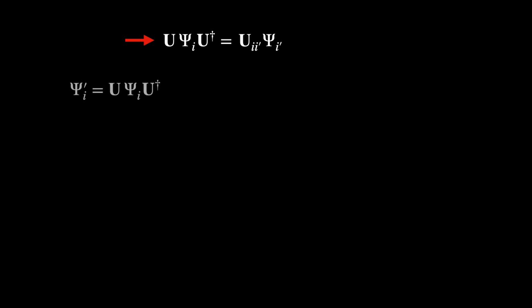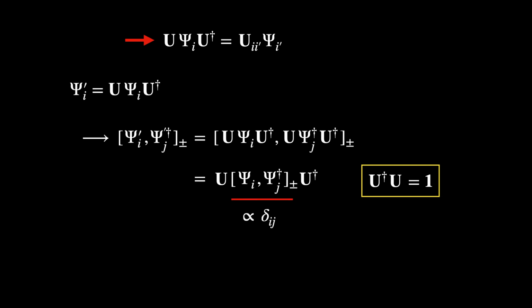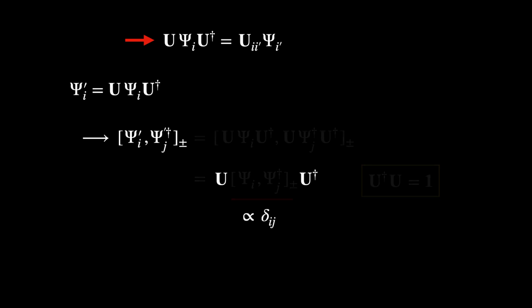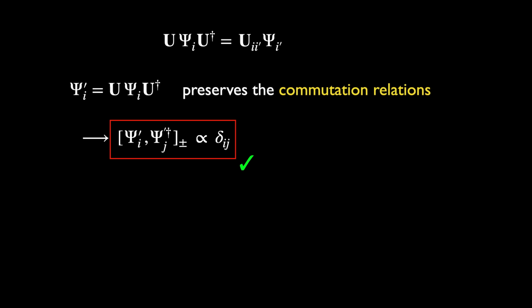This transformation by U dagger also preserves the commutation relations of psi, due to the unitarity of the operator U. Thus the left-hand side of the transformation equation is consistent with the right-hand side.